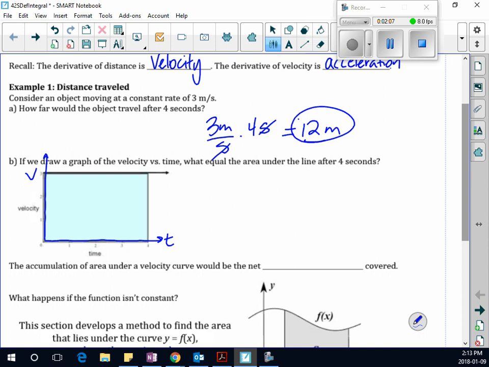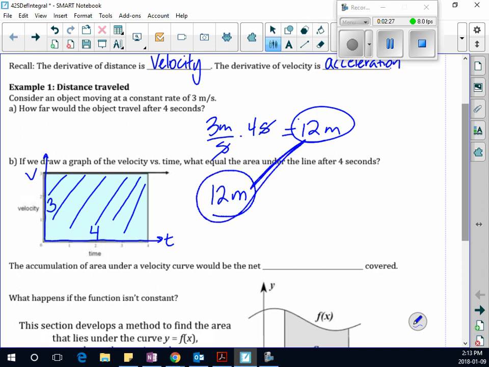And so if I were to do a constant rate of 3 meters per second, do you see after 4 seconds, what is this area that this would be? This would be a 4 by 3, so that would be 12 meters as well. Hey, look at that. Do you think that there's a connection? Yes. The accumulation of area under a velocity curve would be the net distance covered.